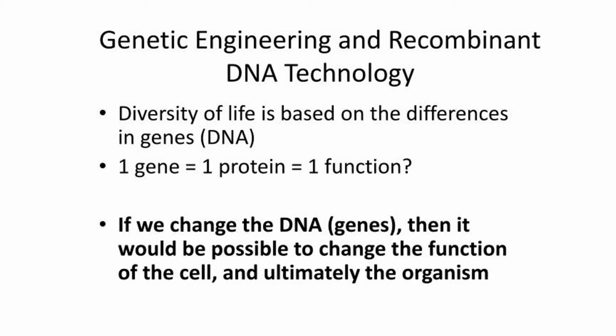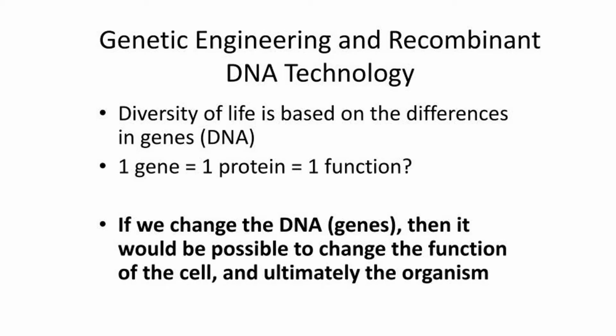Diversity of life is based on the differences in the genes, that is DNA. That is, one gene is responsible for one protein and that particular protein has a certain function. If we change the gene or DNA, then what will happen? There would be a possibility of change in the function of the cell and ultimately the organism.